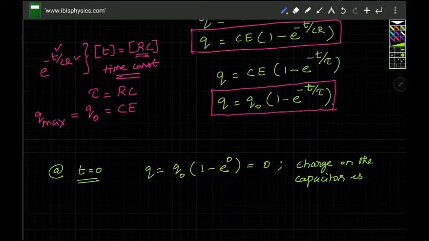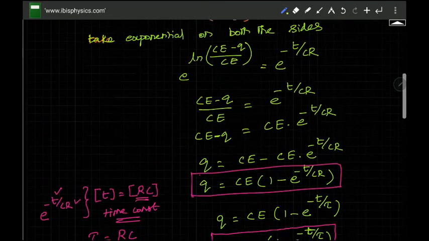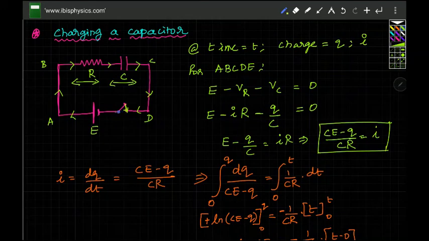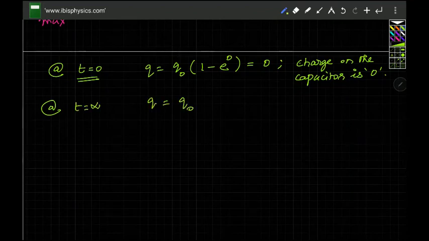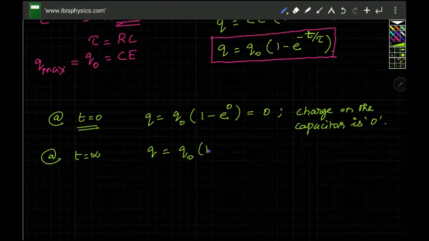What happens after a very long time? Once you close the switch, the current will start flowing. After a very long time, meaning after infinite time, when t is equal to infinity, Q is equal to Q naught into 1 minus e power minus infinity by tau.